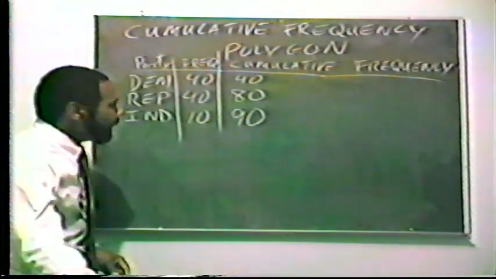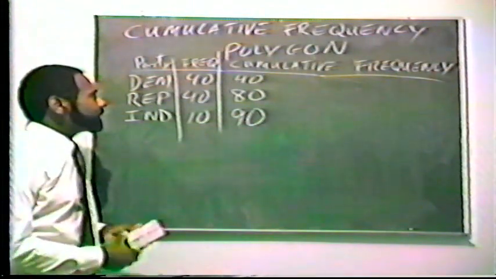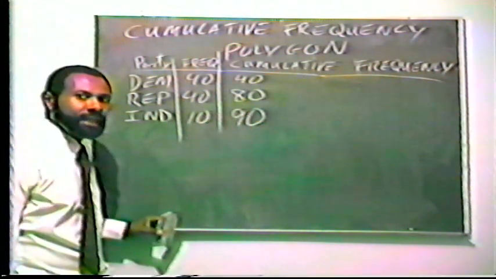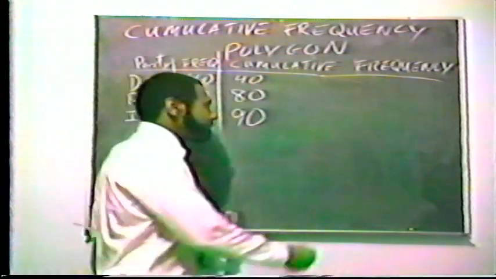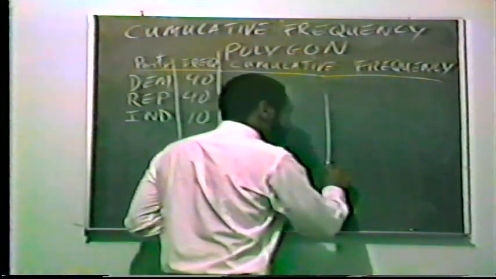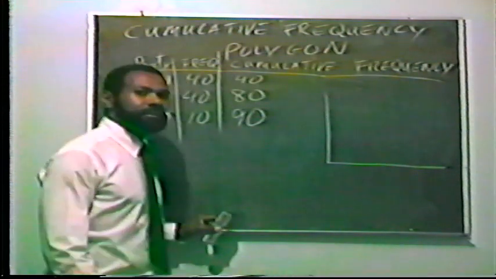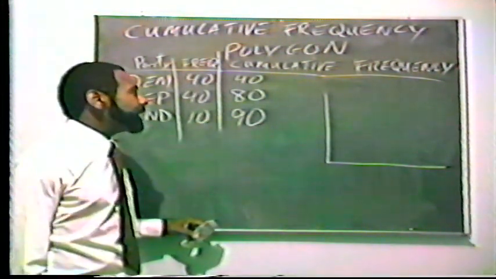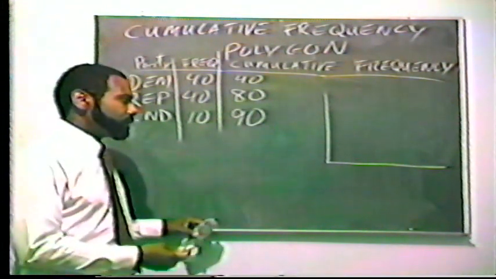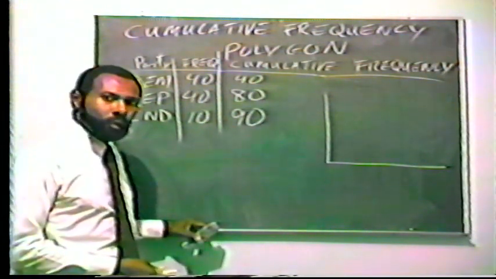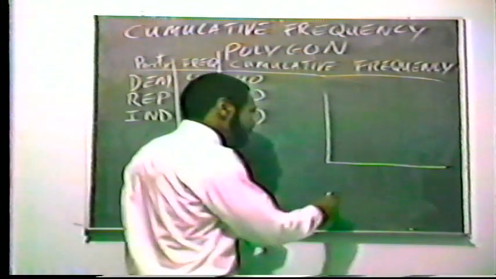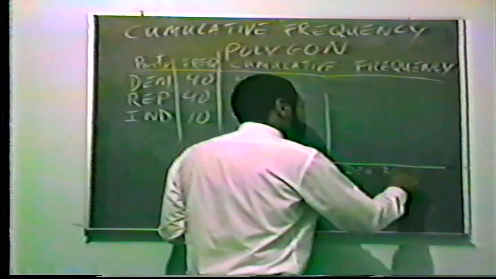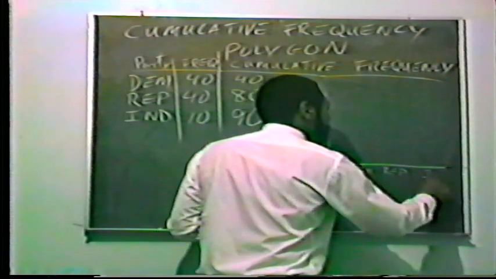Now, after we finish constructing the cumulative frequency table, then we draw two axes, a vertical axis and a horizontal axis. On the horizontal axis, we put the same thing we did before. We put the party. We would have the Democratic Party, the Republican Party, and the Independent Party.